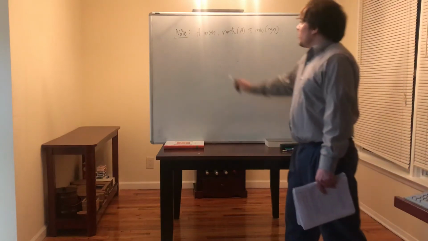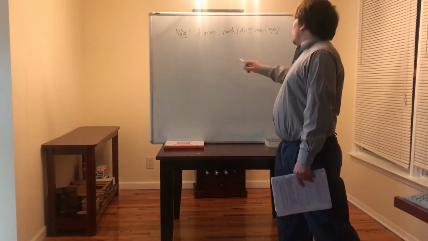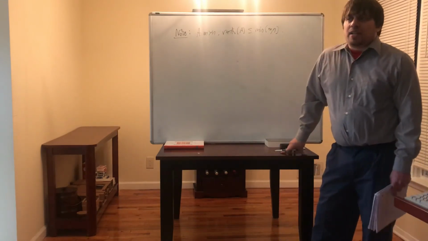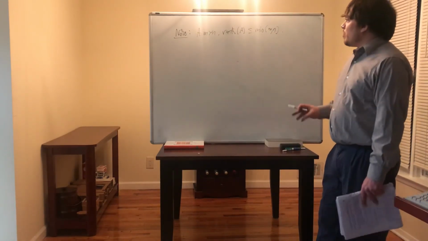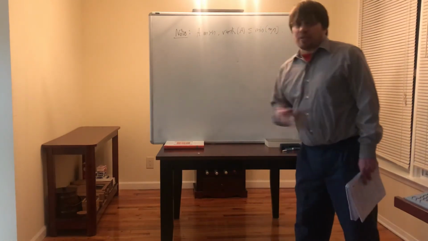The rows of A are in Rn, and the columns of A are in Rm. And so the rank of A is the dimension of its row space and column space, which are the same, right?